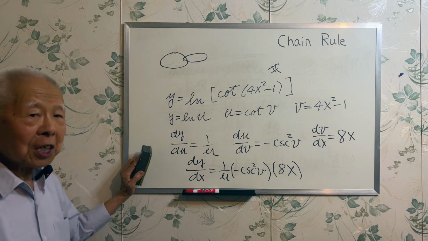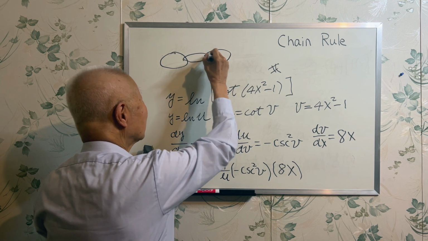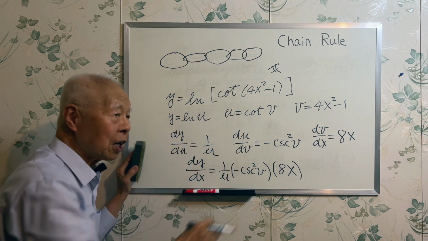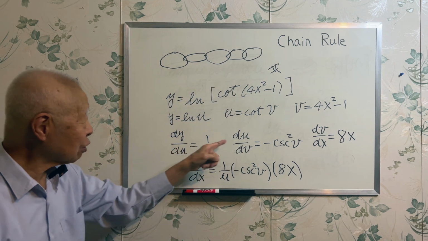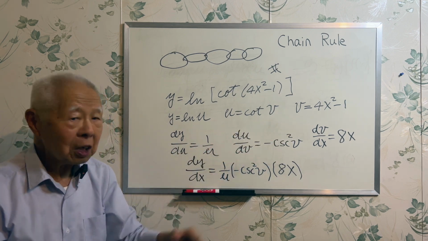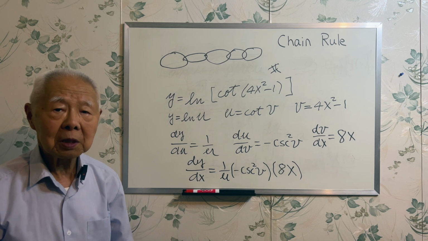And this is linked to another one like that. And you can keep on going. That's a chain. Exactly here. This is linked to this. This is linked to this. You multiply everything, you get the final result. And that is the chain rule.